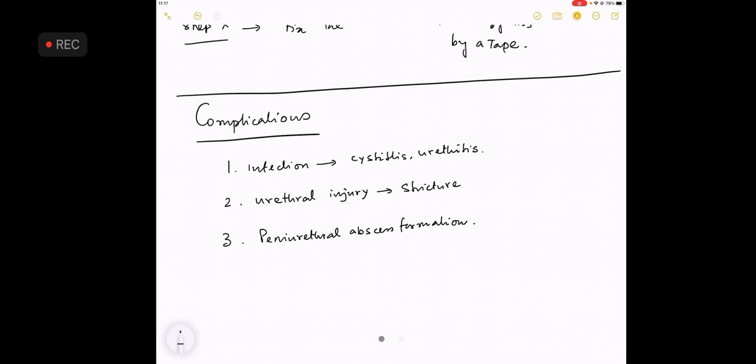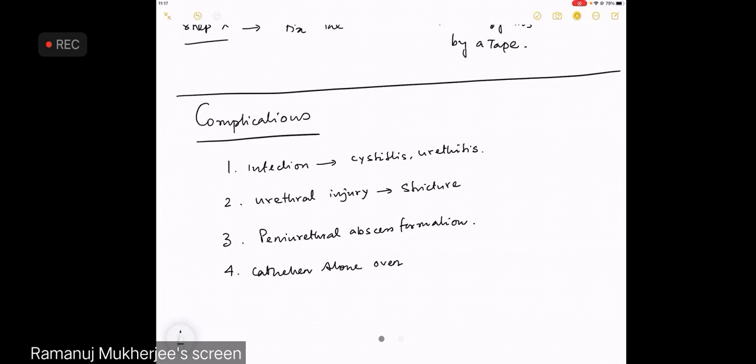Okay? Number 4, again, catheter stones over long standing catheter placement.